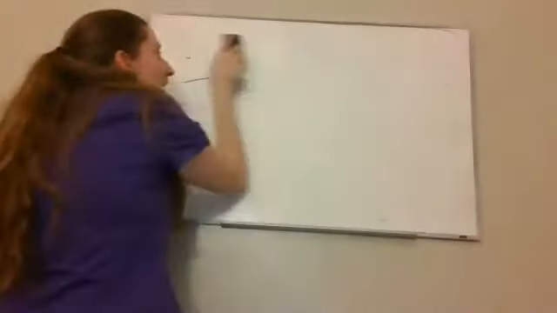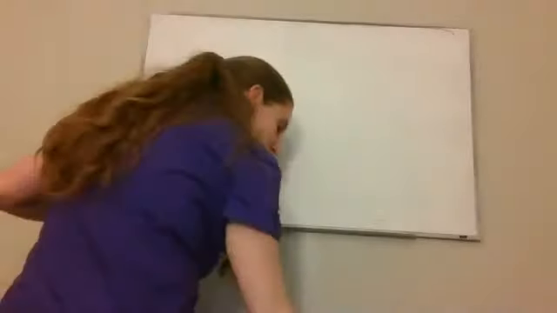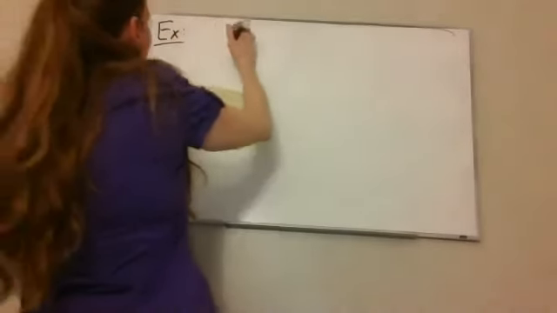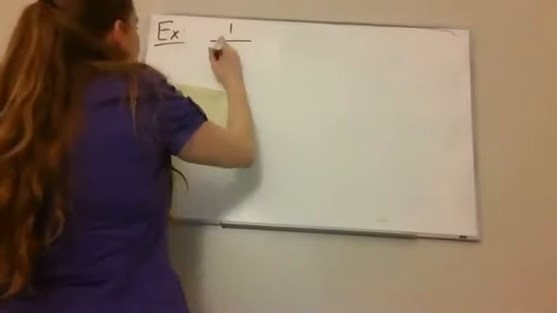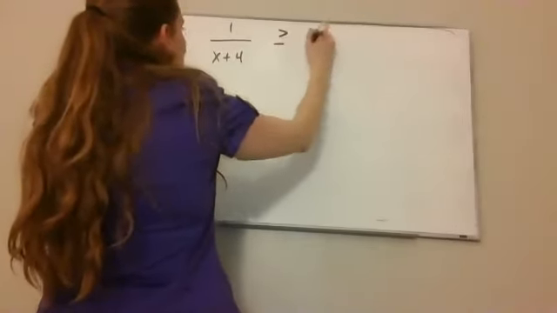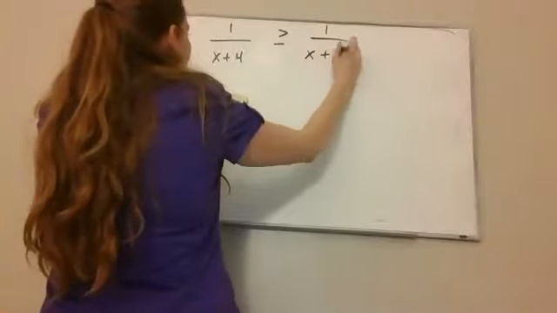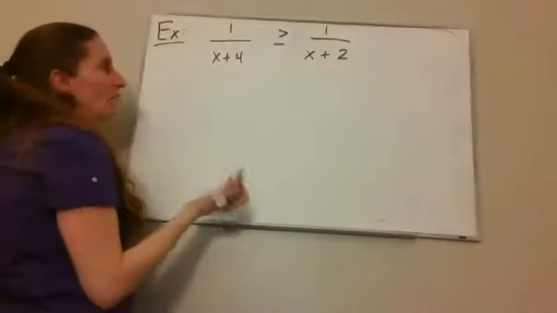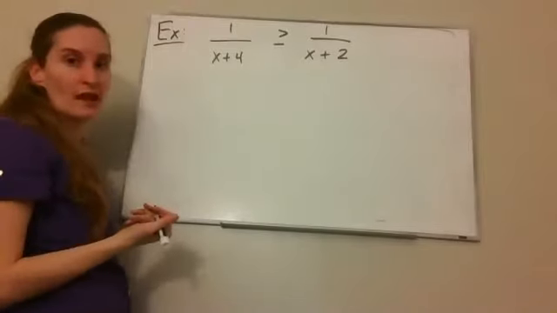All right, one last rational example to finish up this video. Let's solve 1 over x plus 4 is greater than or equal to 1 over x plus 2. So again, we start by bringing everything over to one side.